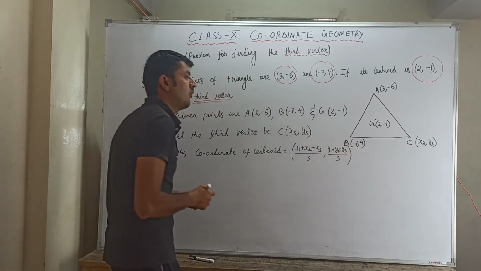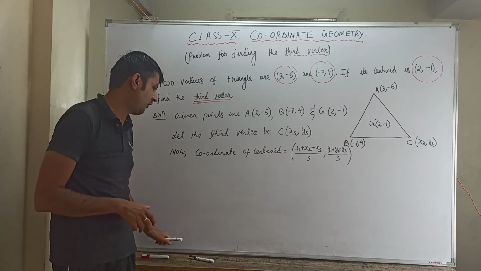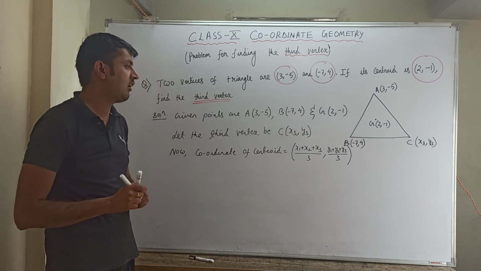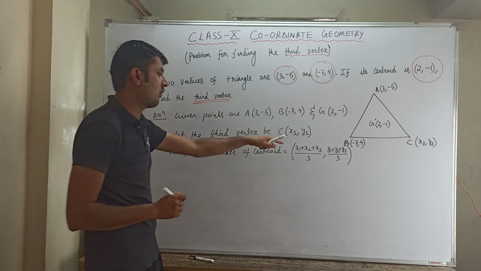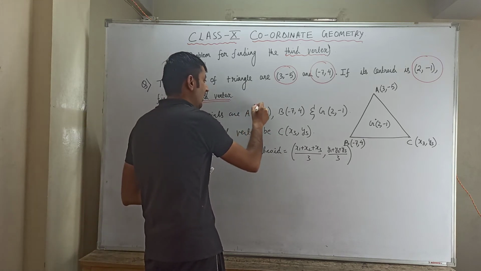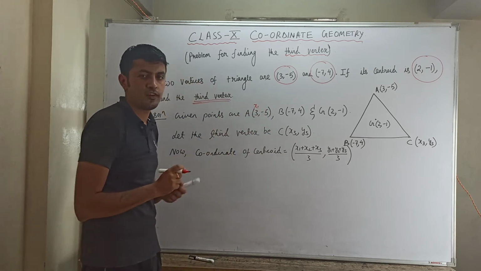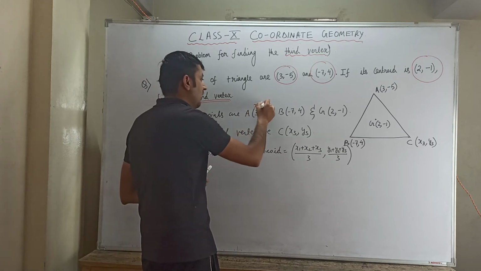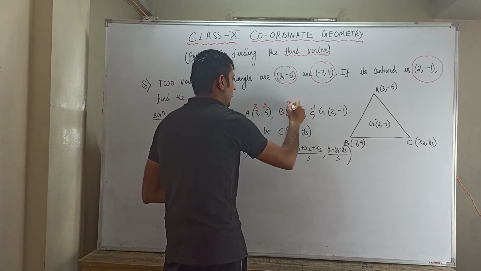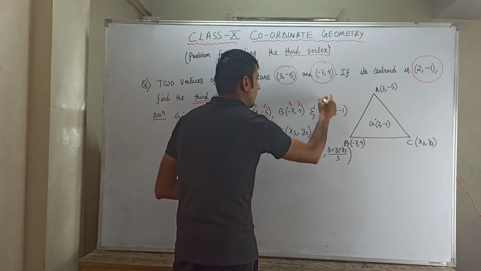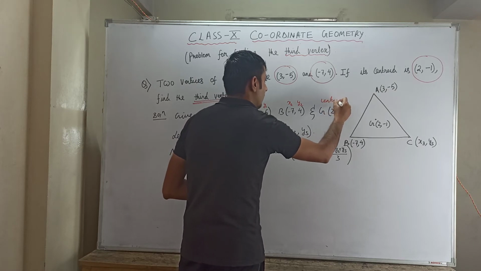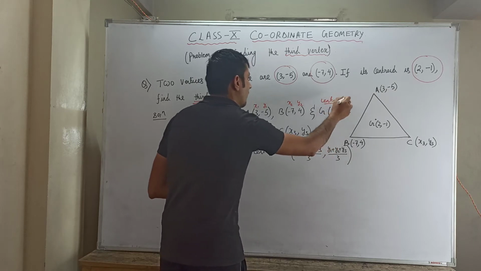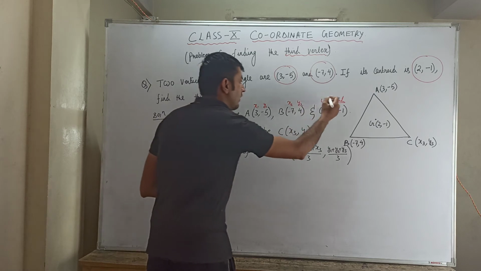This is how you calculate the coordinate of the centroid. Now you have to identify what x1 and y1 are. From the first vertex you get x1, y1, then x2, y2, and this is your centroid of the triangle.